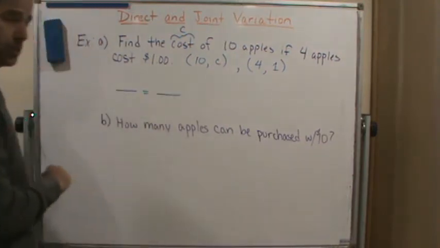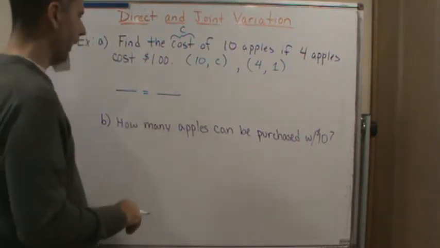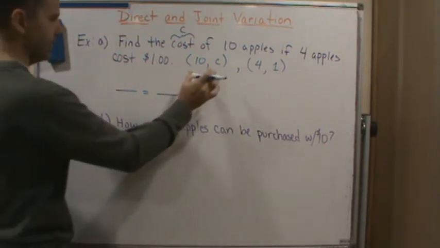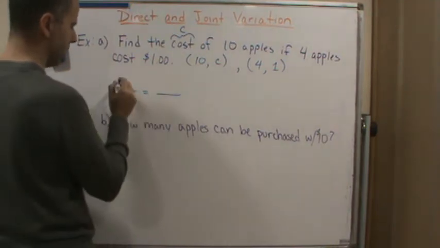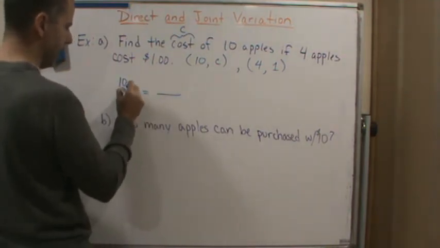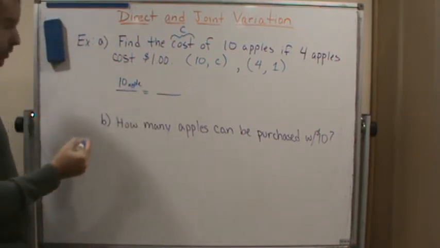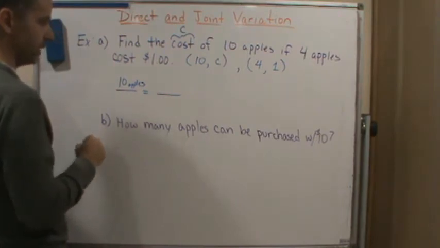So here's the proportion I'm going to set up for direct variation. I'm going to take this one and fill in this ratio here. I'm going to put 10 apples on the top, and fill in the units for our dimensional analysis to make sure everything works out the way we want.